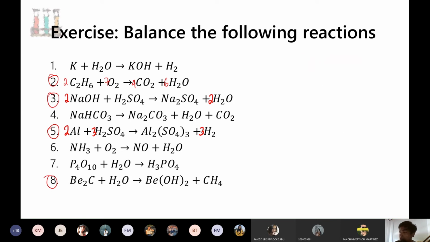Kasi college na tayo, maganda techniques na yung tinuturo natin, not the traditional stuff. Wala eh. Ganun talaga ang buhay. Pag tumatanda, kailangan mas mabilis na yung solutions natin. Paggawa ng solution. So, ganun lang ka-easy mag-balance, ha? So, hindi siya nakaka-intimidate.